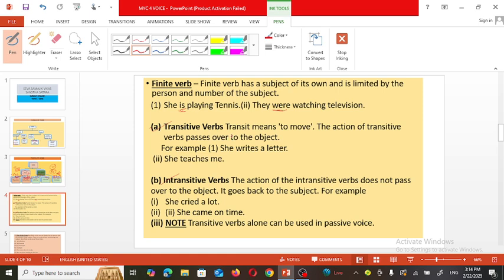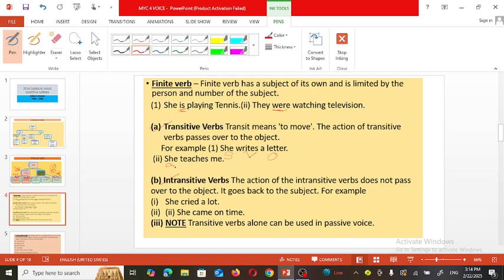What do you mean by a transitive verb? Transit means move. The word transit indicates to move. So the action of a transitive verb passes over to the object. For example, she writes a letter. Here she is the subject, writes is the verb, and letter is the object. She teaches me.